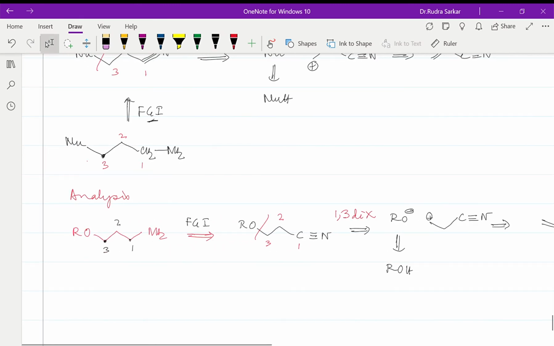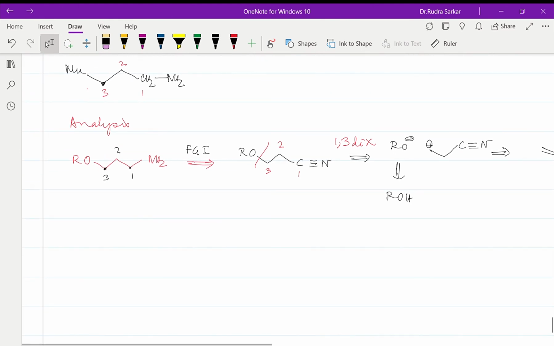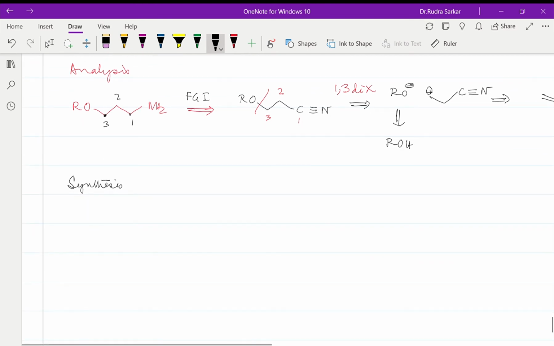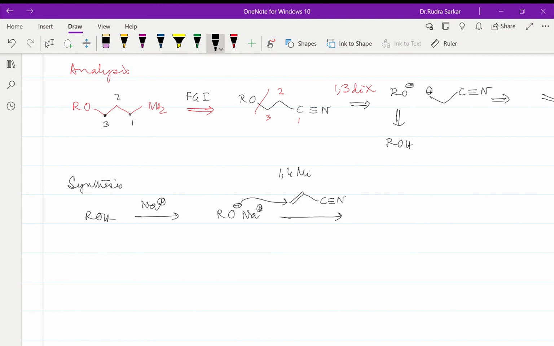Now when we are talking about the synthesis of this molecule, what do we need to do? Basically we will treat the ROH with Na plus. That will give us what? RO minus Na plus, that is the alkoxide. And that if we treat with the alpha beta unsaturated cyanide, then this will undergo Michael addition, that is 1,4 type Michael addition reaction.